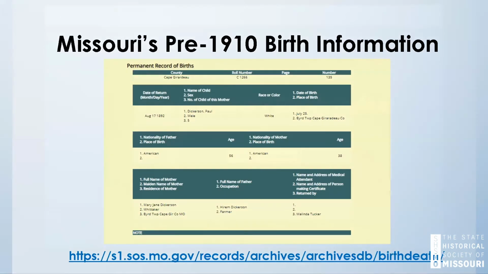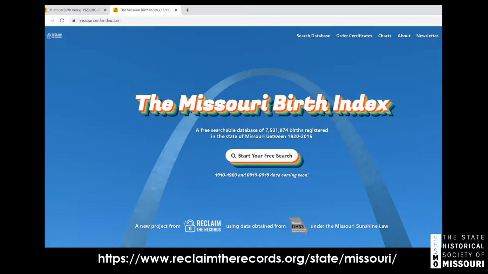Something else in Missouri that just came online relatively recently is from Reclaim the Records. It's an organization whose main goal is to require entities that recorded births and deaths and other vital records to actually release the information, because a lot of times there's really no legal mandate to restrict the information.